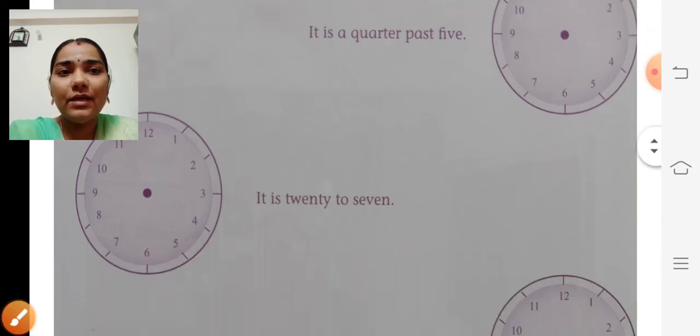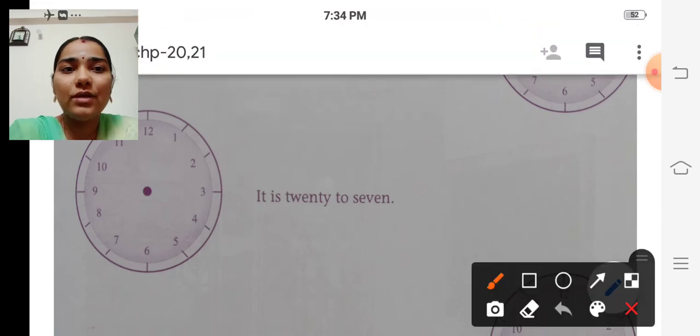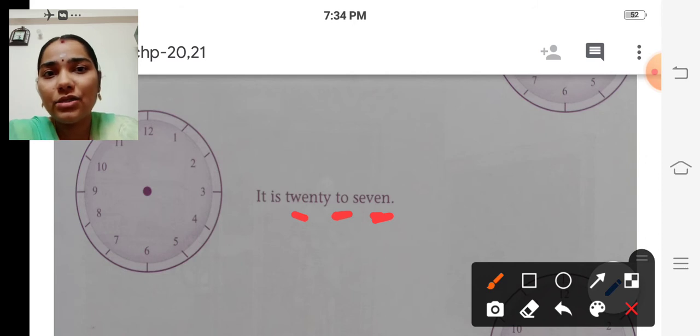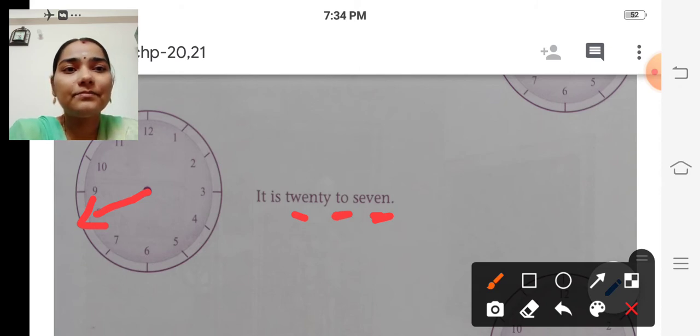Next one, it is 22:07. So here they have given 20 to 7. So 7 is the next hour, isn't it? And 20 means the minute hand should be at 8. Isn't it? The minute hand should be at 8.